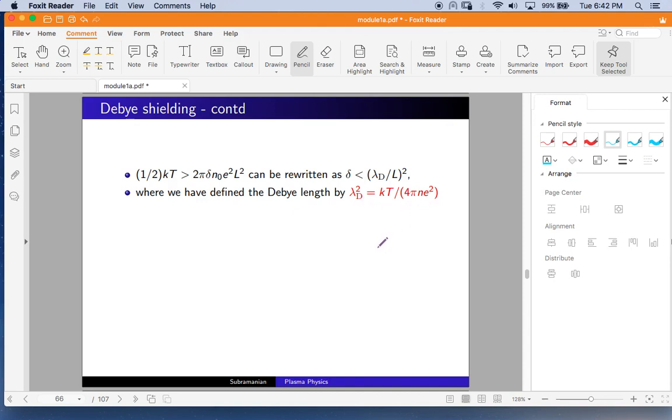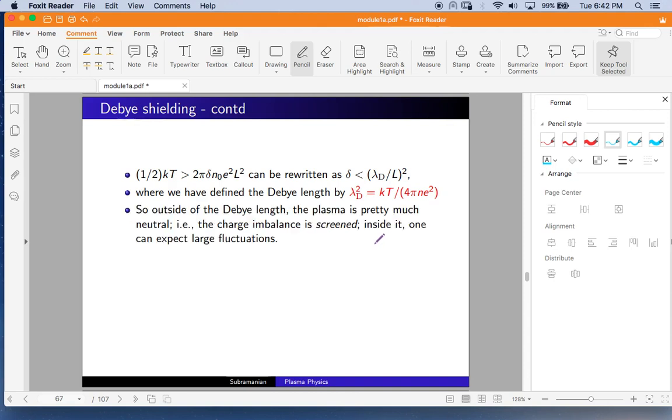Now, what does this mean? If lambda D over L is about 1, then delta is about 1, right? So this is a big perturbation if this is the case. If that's not the case, if L is much larger than lambda D, in that case this quantity is very small and delta is very small.